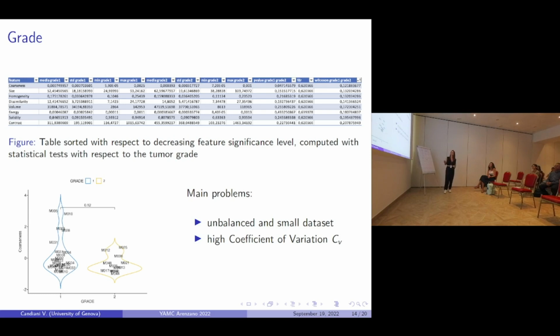We've computed some tests to see which feature actually classified them best, and it turns out that the best one was coarseness, which is a texture feature.